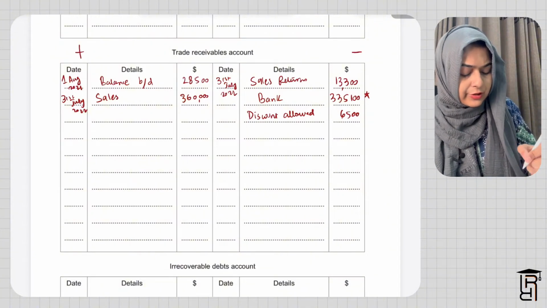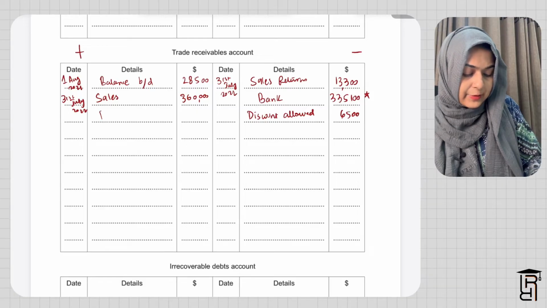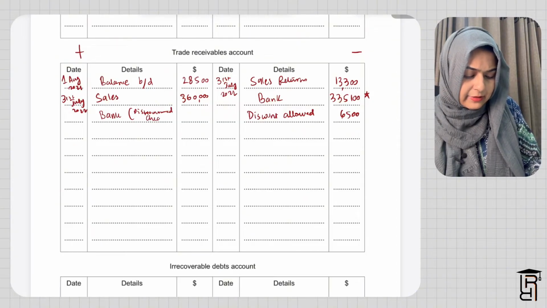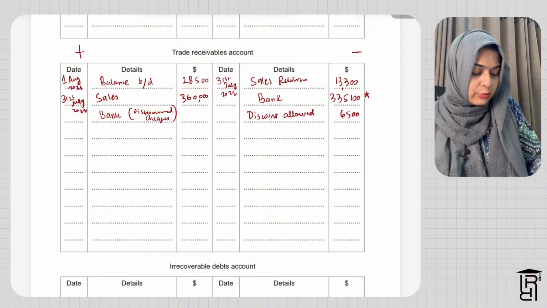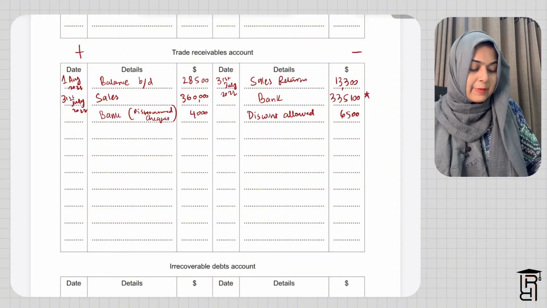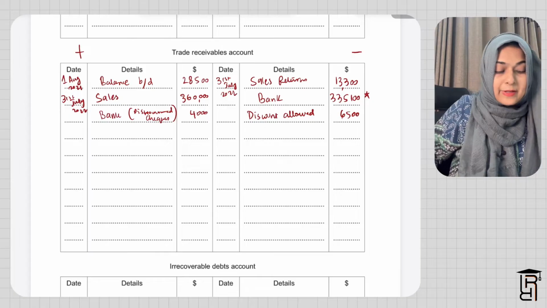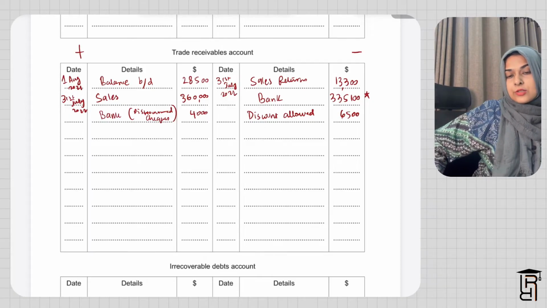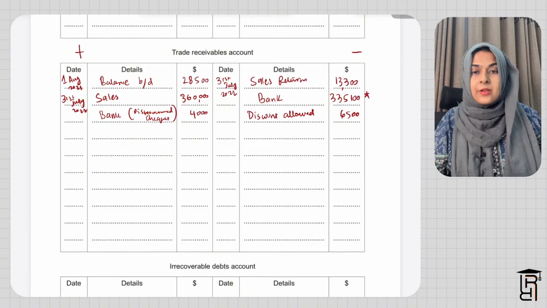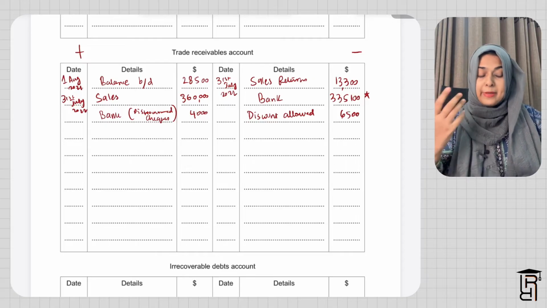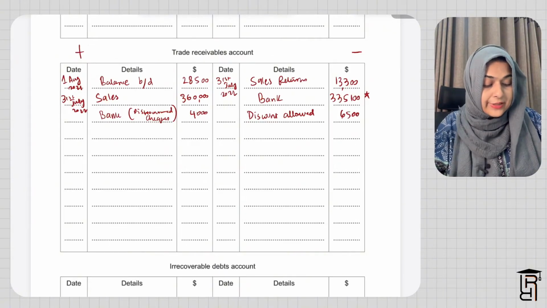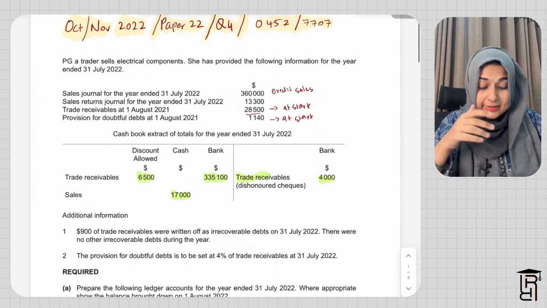So what you need to do is record this on the debit side of the trade receivables account, because these customers are still my customers. I need to make them my customers again. So I'll write here bank dishonored checks, and this amount will be 4,000, which is not actually coming from my trade receivables. So these trade receivables are still my trade receivables, so I need to debit the trade receivables account for dishonored checks.